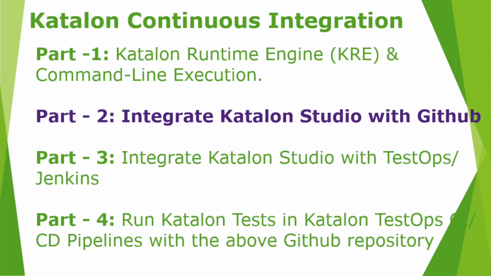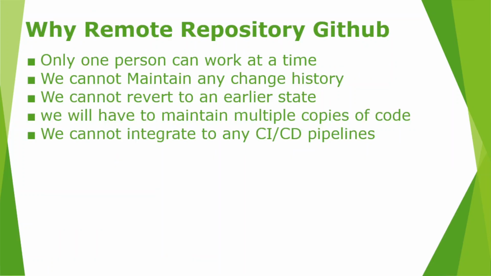So now let's understand how we can check the code into GitHub, and how you can integrate Katalon Studio with GitHub. Before we move forward, let us first understand why we need a remote repository like GitHub. Let's assume your team is working on a remote system that has Katalon Studio installed.